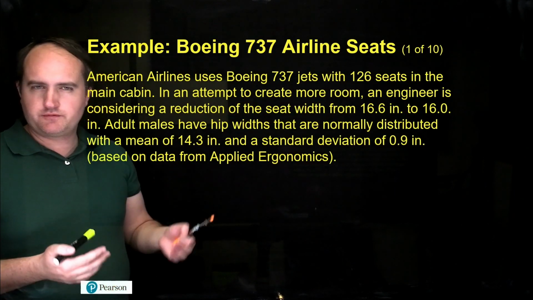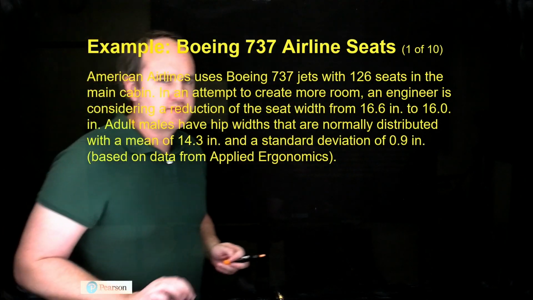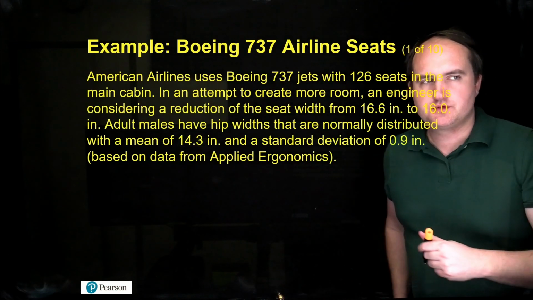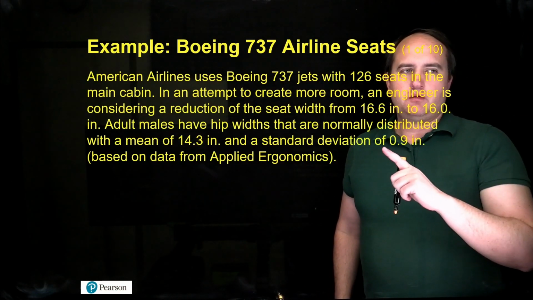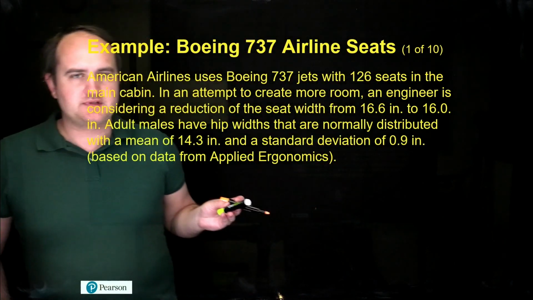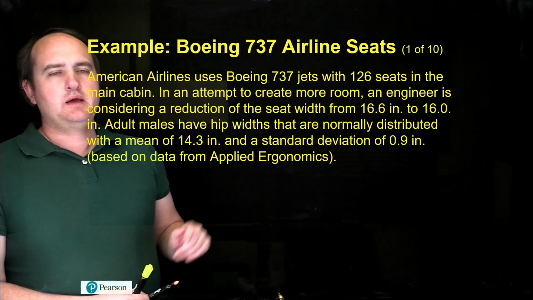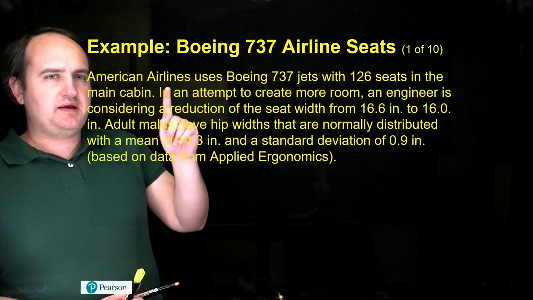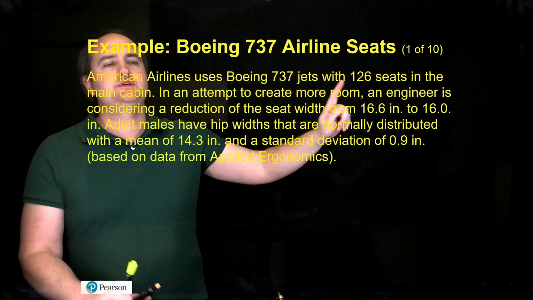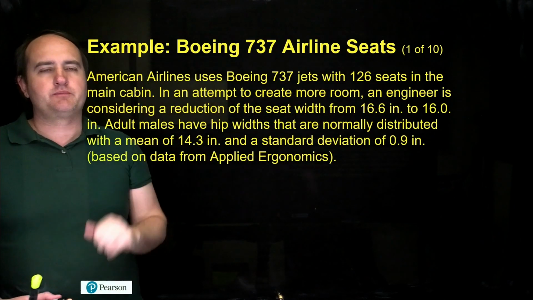Because we've seen lots of examples before in earlier sections, we're just going to do this one example, which really has two parts for this lecture. Okay, so first off, let's read the problem. American Airlines uses Boeing 737 jets with 126 seats in the main cabin.